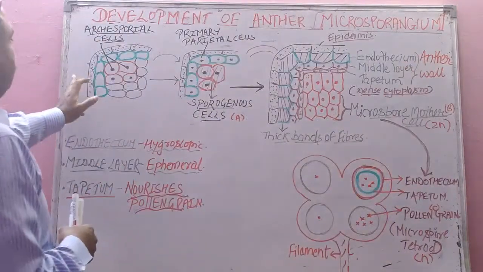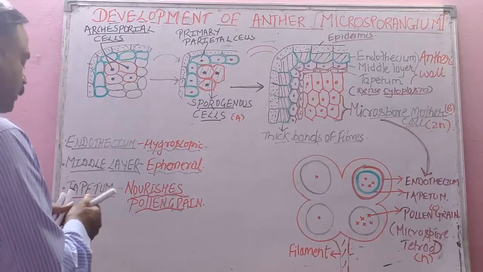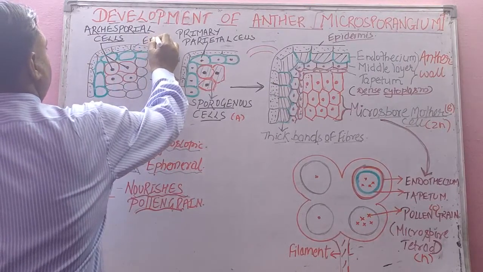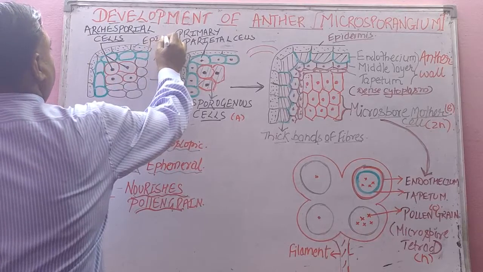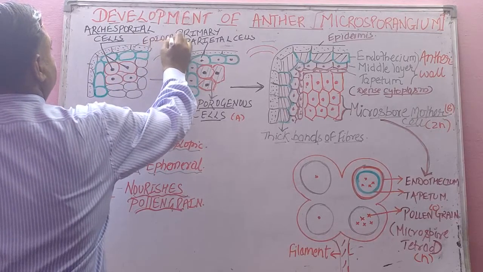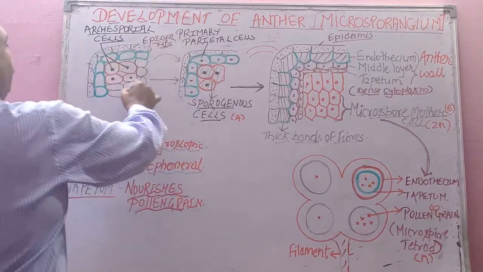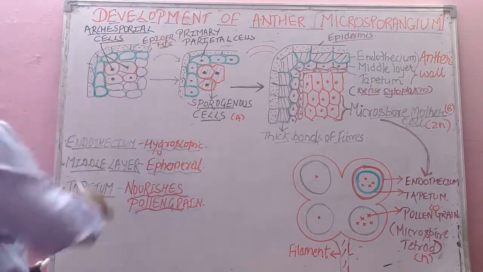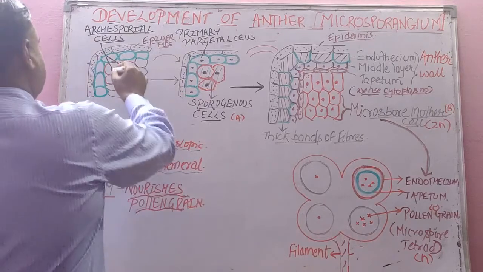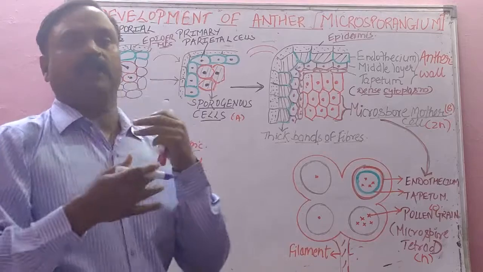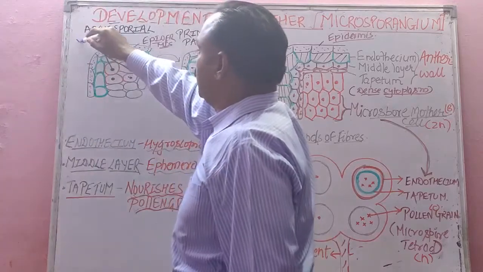Just below the epidermal layer, this is epidermis, in the area of hypodermal region, some cells become different from others, differentiated, and they become archisporial cells.